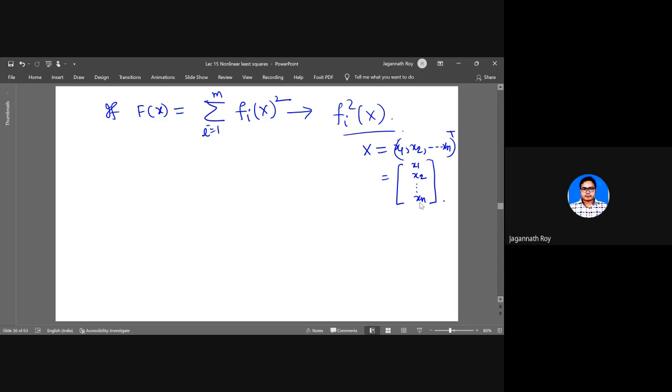Then if we differentiate this function with respect to some particular xj, or if we just write it for x1 with respect to x1, x2, ..., xn, then what will be the derivatives?